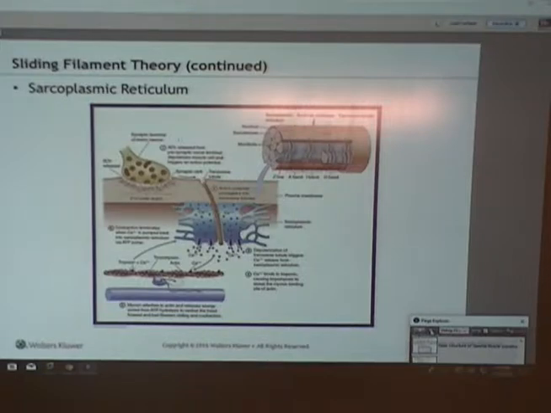When the signal stops coming down the nerve, the calcium gets pumped back into the sarcoplasmic reticulum. So now there's no longer calcium available to attach to the troponin. The molecule shifts back to its original shape, and the active site is covered up by the tropomyosin.